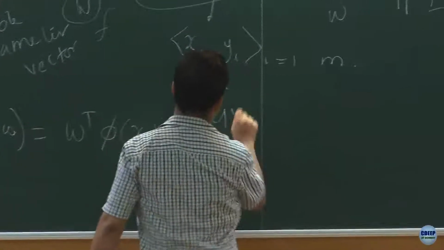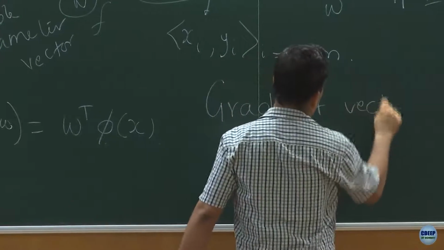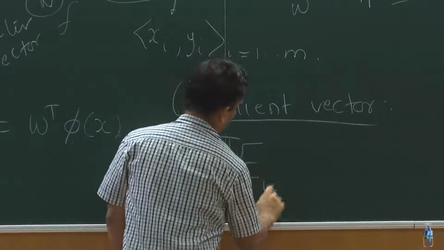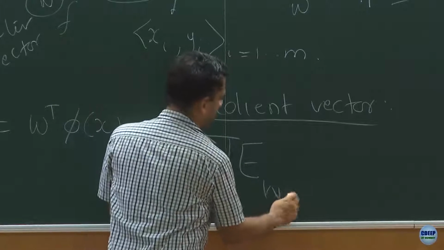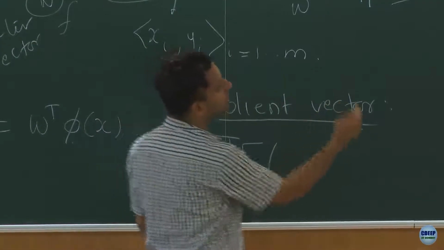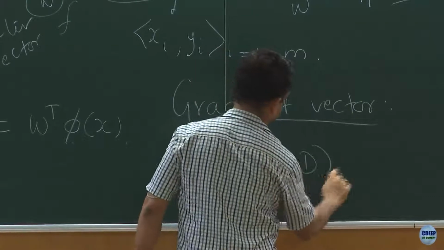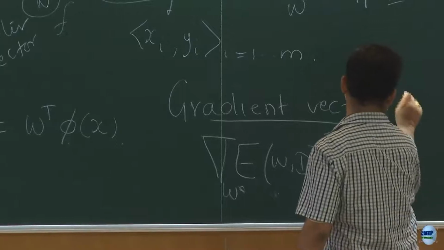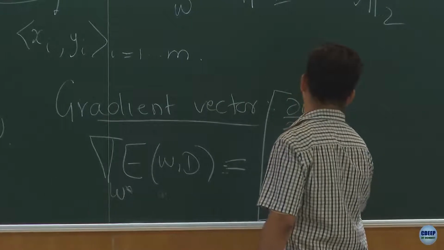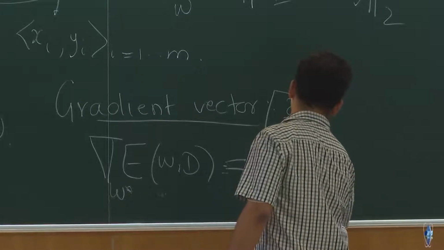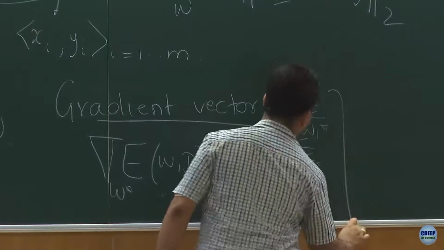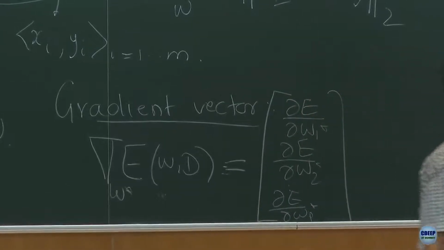So the gradient vector of the error function with respect to W, evaluated at W star, where the error function is a function of W and D, is a vector of partial derivatives of E with respect to W1 evaluated at W star, of E with respect to W2 evaluated at W star, and so on. It's called the gradient vector.